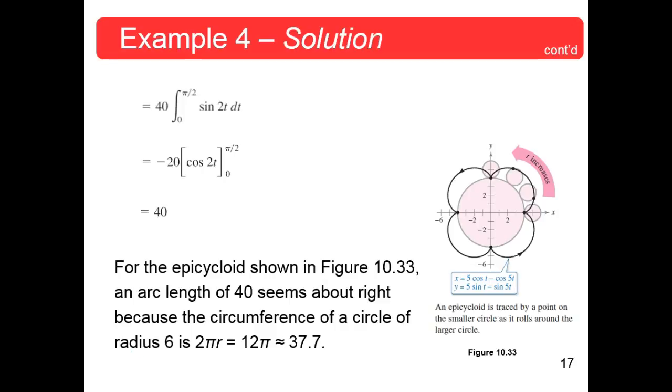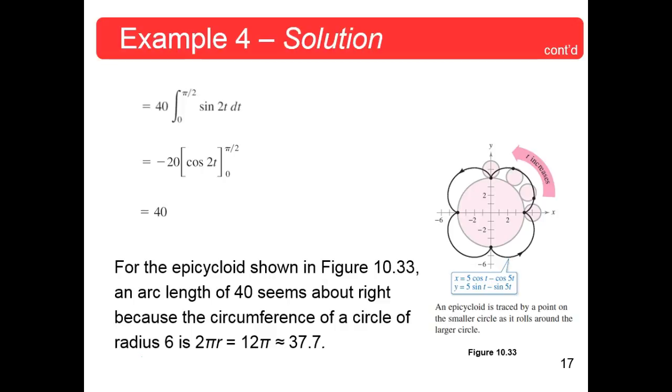For the epicycloid shown here, an arc length of 40 seems about right because the circumference of a circle of radius 6 is 2 pi r, which would be 12 pi, which is about 37.7. Why were they estimating with that? Well, if you can imagine, this was radius 4, and there you have another 2 added, and then you had a radius of 1 here, but the outside of that would be a diameter, so that would be 6.